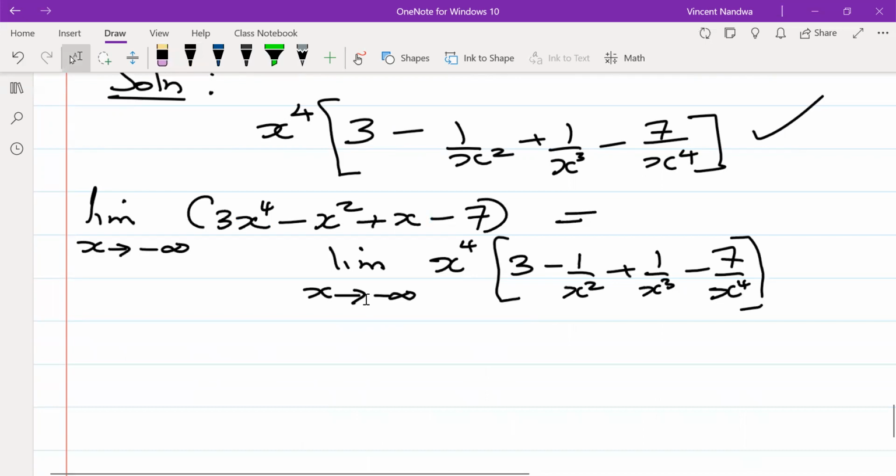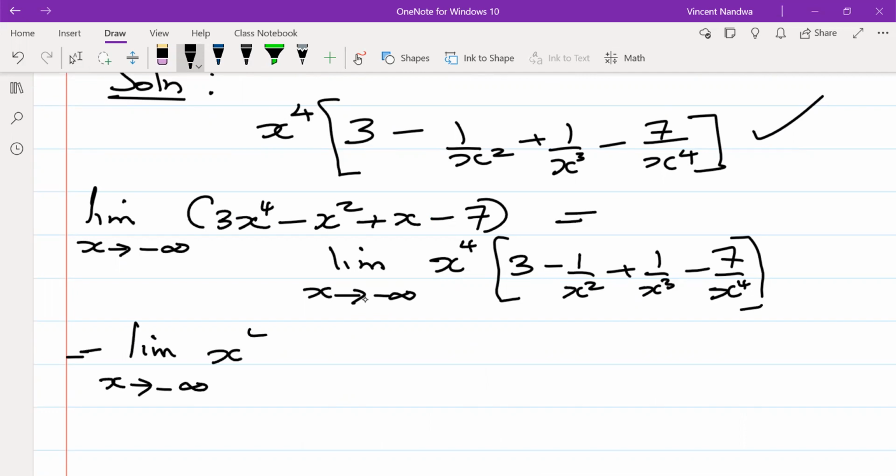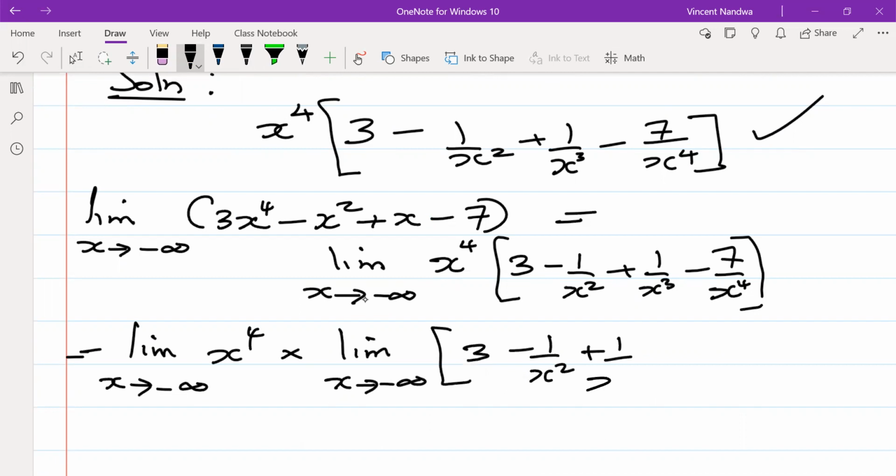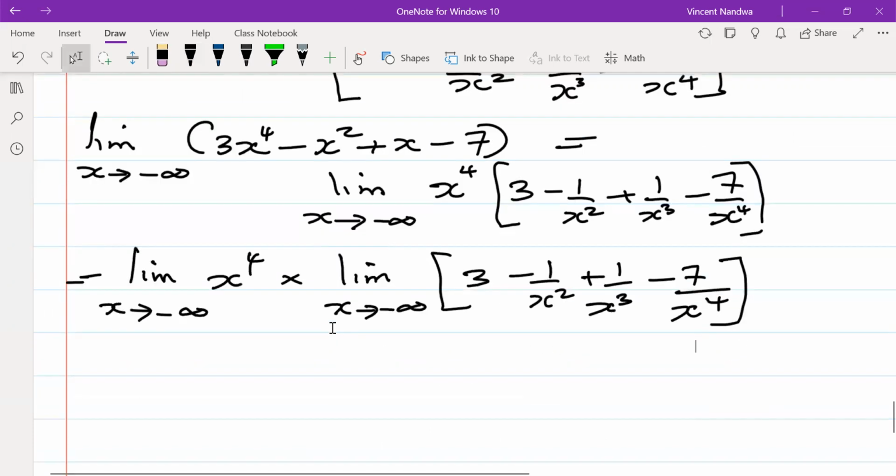Then you apply limit properties on product, which will give you the limit as x approaches minus infinity of x power 4 times the limit as x approaches minus infinity of this bracket, okay? So what is the value of the limit here? It's like we have negative infinity, that's the value of x, then you are raising to power 4.